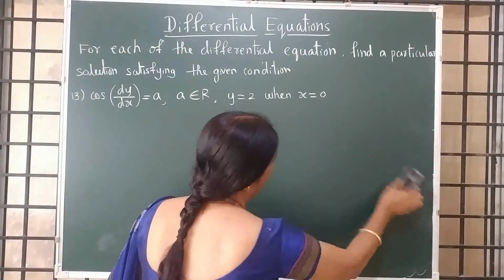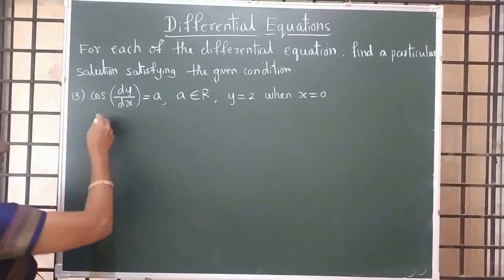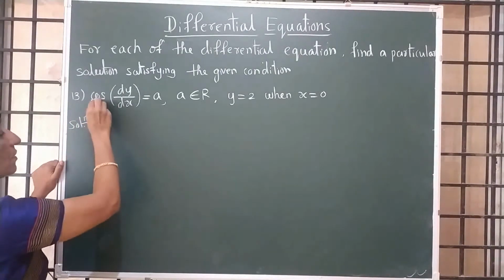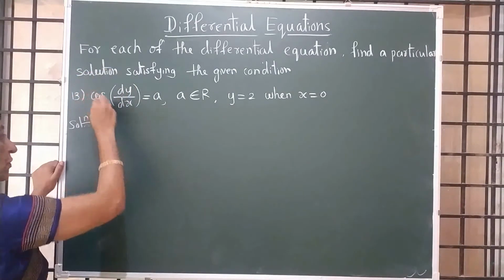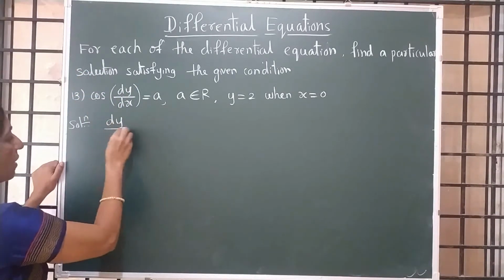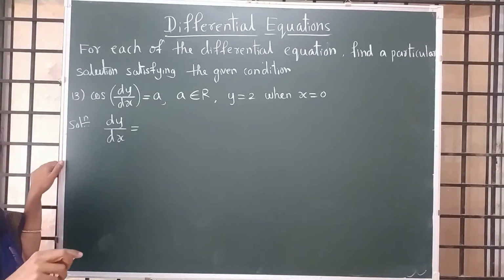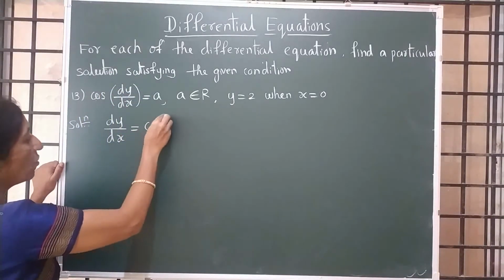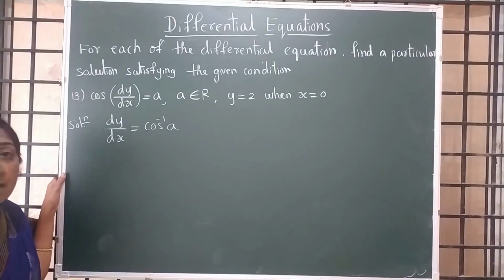First step, as it is, we have to go for the general solution. And here, how to separate the terms? dy upon dx is cos inverse a. See, this is written as dy upon dx. You are familiar with inverse trigonometry. Take only cos inverse a on that side. Cos inverse a is what?